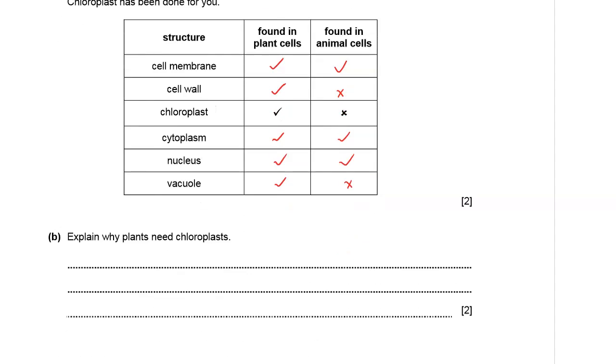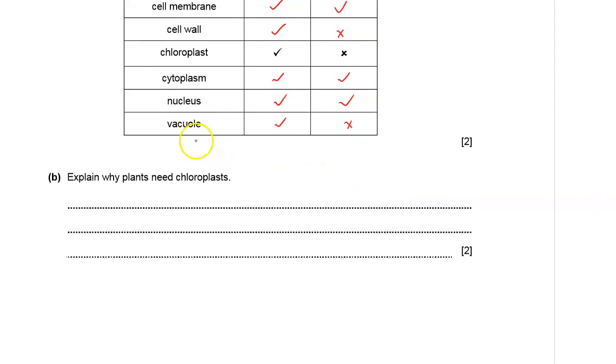That is straightforward. B. Explain why plants need chloroplasts. Plants need chloroplast to absorb energy. Of course, this energy is in the form of light from the sun, and this is what is needed for photosynthesis as the plants make their food.